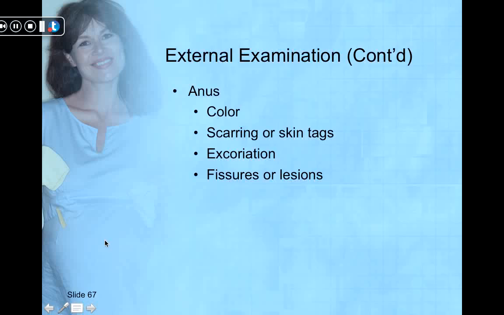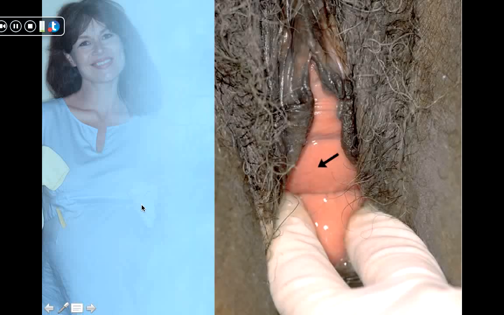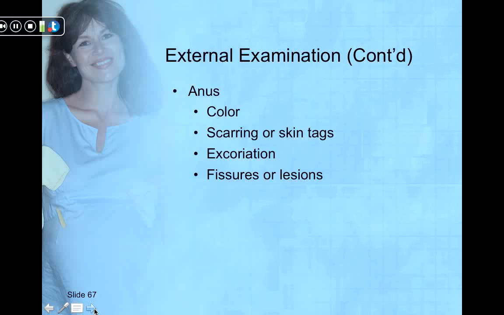And so I'm assuming this is a picture of a uterine prolapse or cystocele. But obviously these structures should be in there and not visible from the external examination.